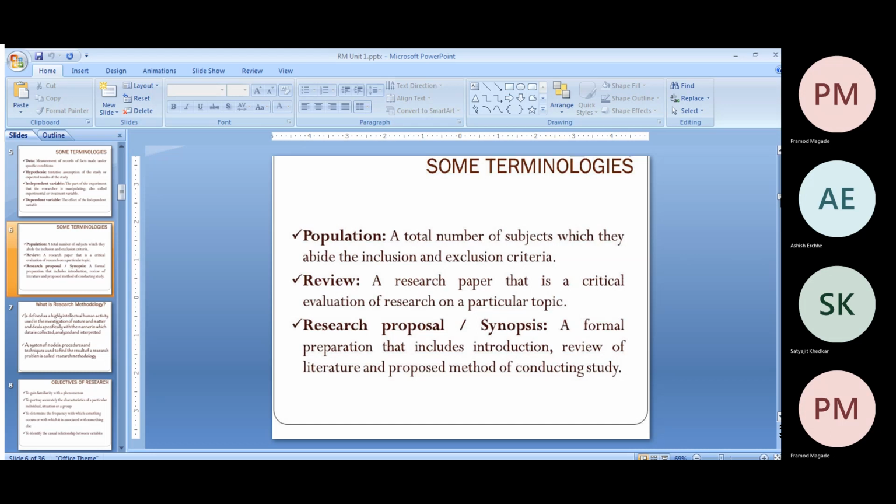Then review. In case of review, we can say a research paper is a critical evaluation of the research on a particular topic. As I told you, you will have to study the last 5 years of research papers, what they have expected, what they have done, and what they were not able to perform, that we can say is the futuristic approach. So that we need to find in case of the review. Understood? So this kind of scenario or review of the particular research topic we need to find out. After the session, I'll send some research papers also, some review papers also.